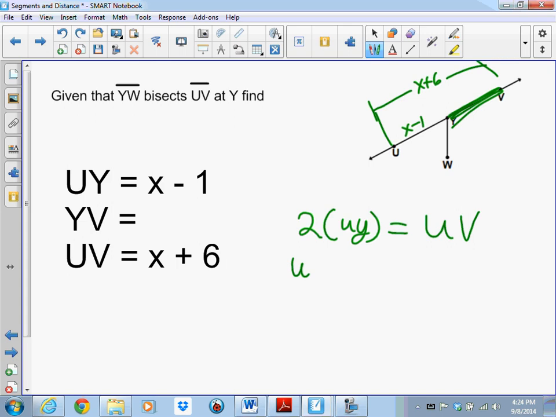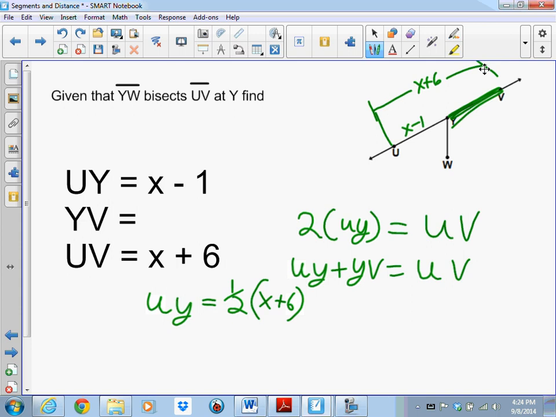You can do UY plus YV equals the whole thing. Or you can do UY equals 1/2 of x plus 6, which in that case is UV. All those equations will apply. You just have to decide. The one that I like the best is just plugging in x minus 1 here and adding them together.